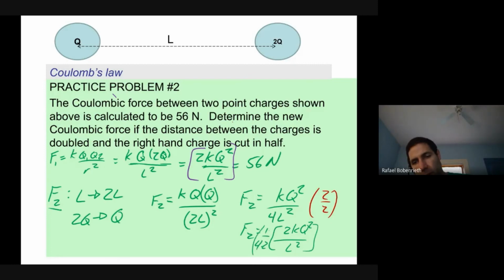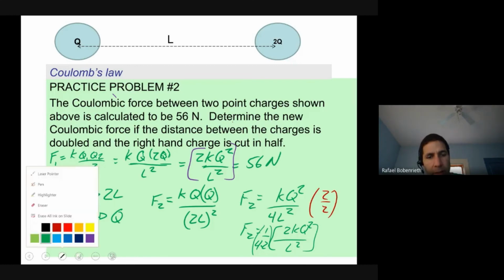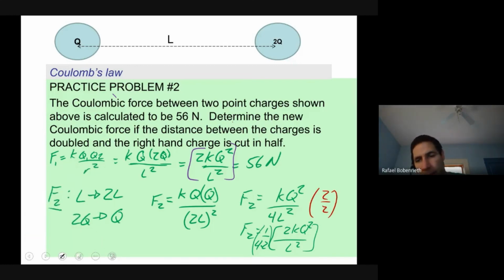All right, just quite a bit there, and I want to talk through that a little bit. Again, I'm just trying to get what I see in purple brackets down here also in purple brackets. So to do that, I multiplied top and bottom of the right-hand side by 2. And that allowed me on top to get 2KQ squared. I kept the L squared in the purple brackets, and I brought out in front the 4 that was already in the denominator, and also the 2 that I multiplied it by.